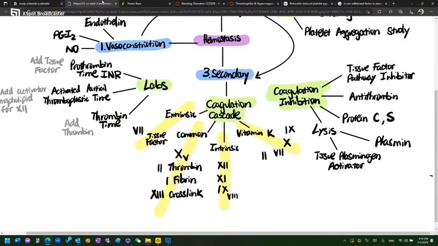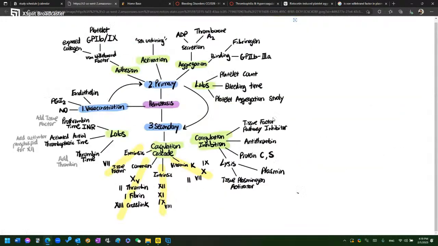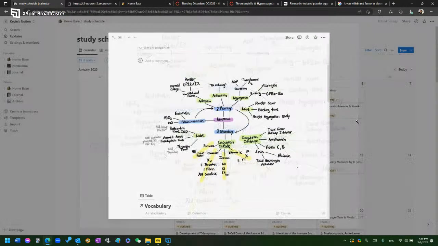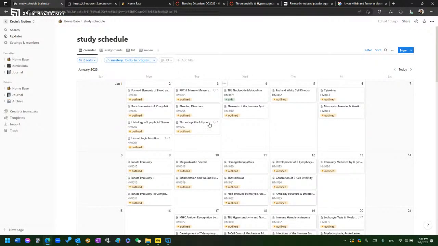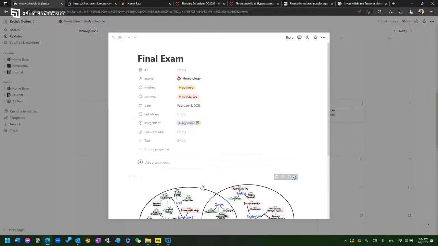That's bleeding disorders. I am doing okay for time. I did that in like 20-some minutes. So let's pull up our big map again.